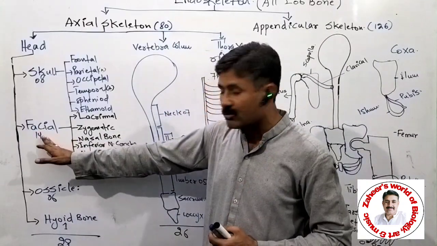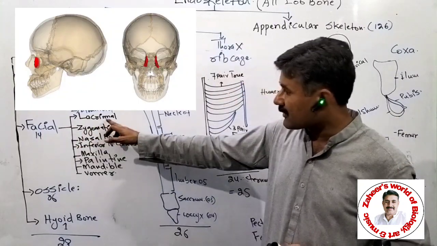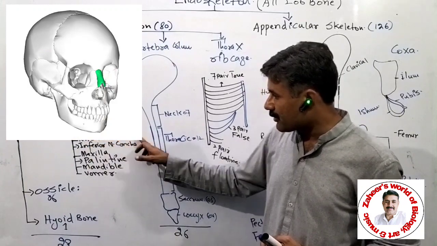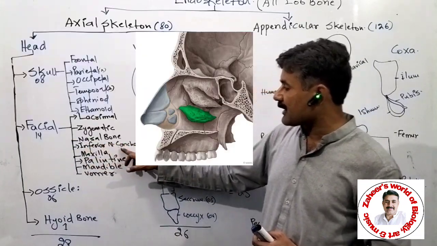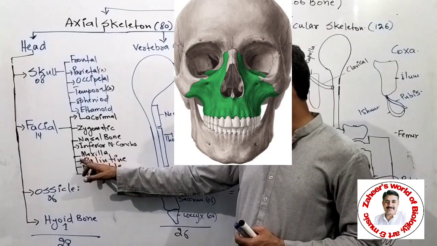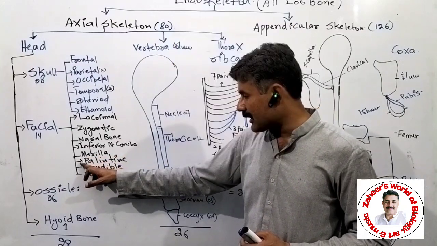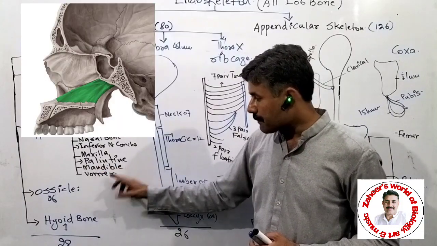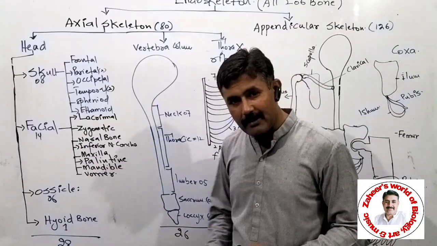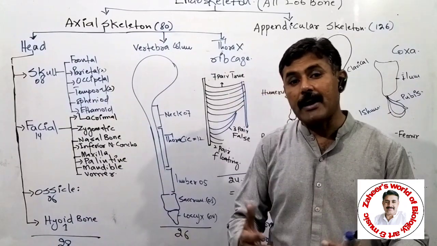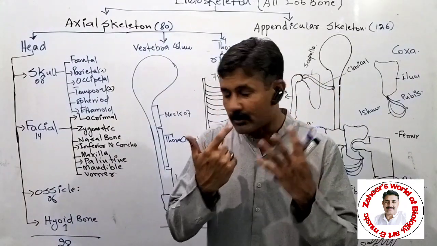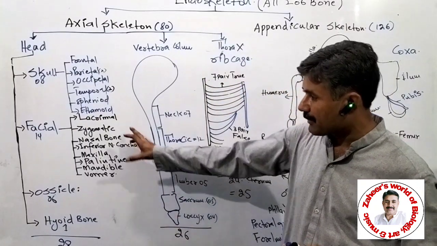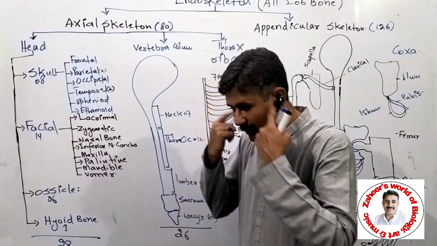In the face, there are a total of 14 bones, which include lacrimal, zygomatic, nasal bones, inferior nasal concha, maxilla, palatine, and mandible and vomer. The last 2 are unpaired. The rest are paired bones, and in total 14 bones are present in the facial region.